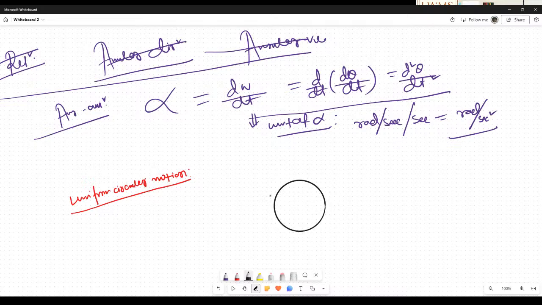A particle in uniform circular motion means its magnitude of velocity remains the same at all points, but there will be change of velocity vector.